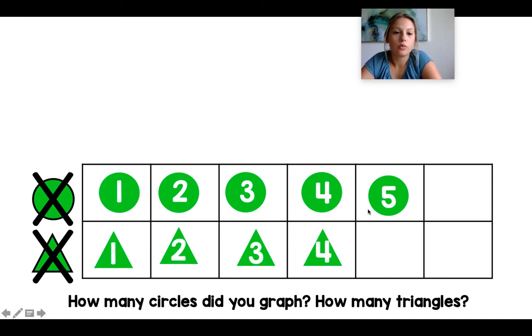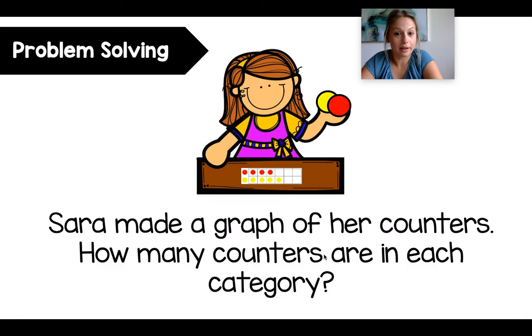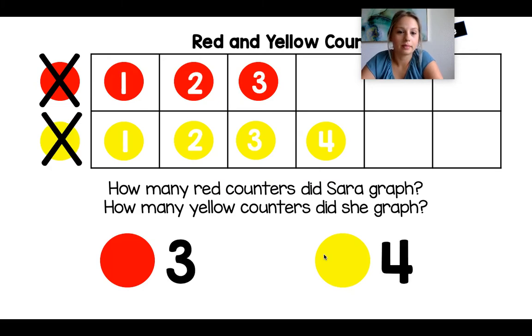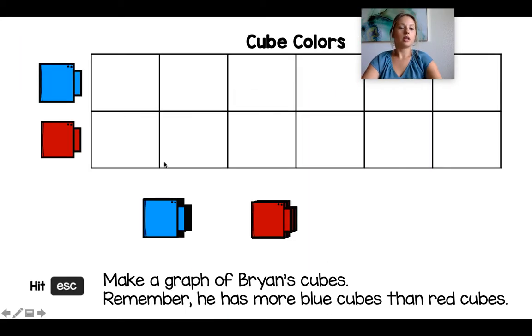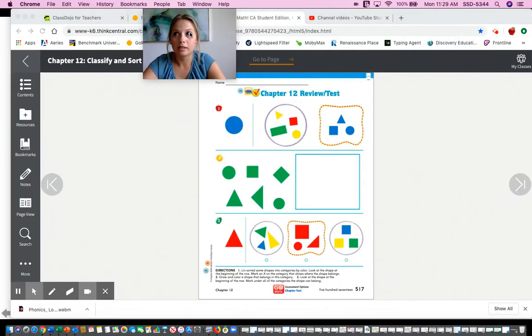I know there's more circles than triangles because there's 5 circles and only 4 triangles, and 5 is greater than 4. Then we learned how to read a graph by counting. What we've been doing the whole time. And we did make our own graph too. Okay. Whew, that was a lot.